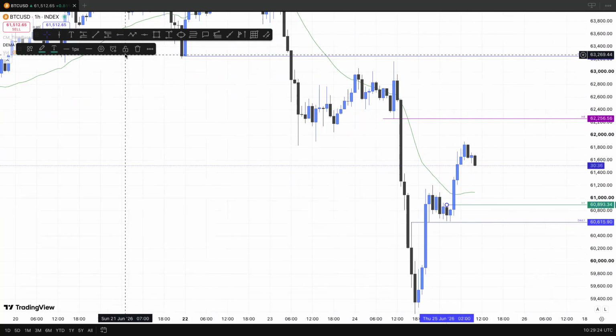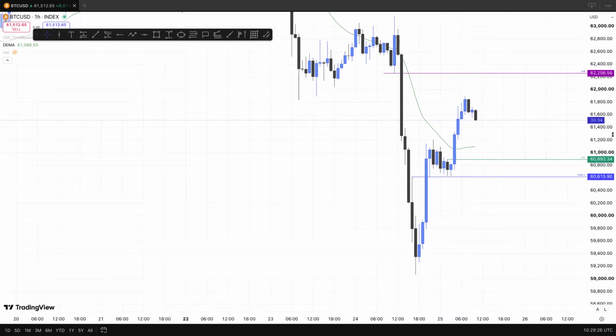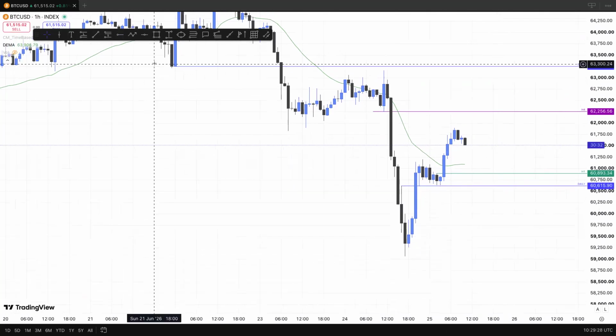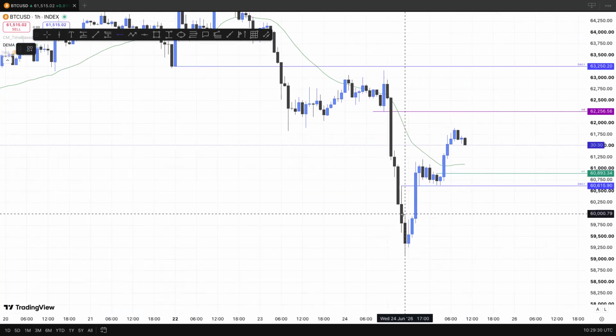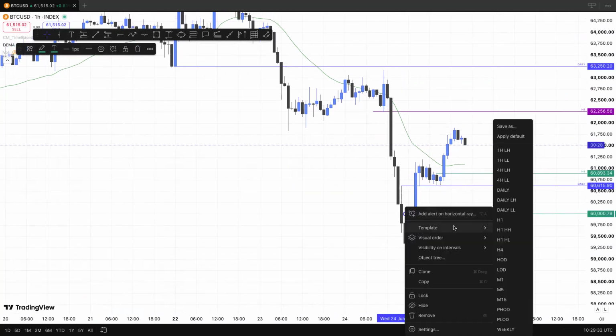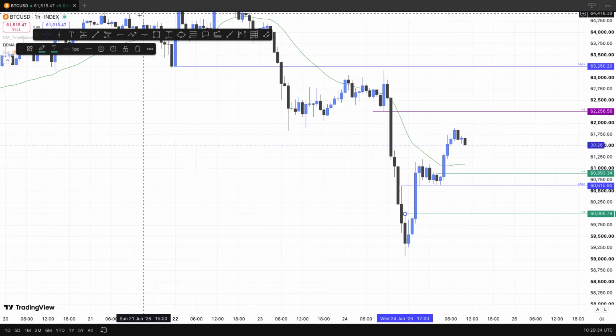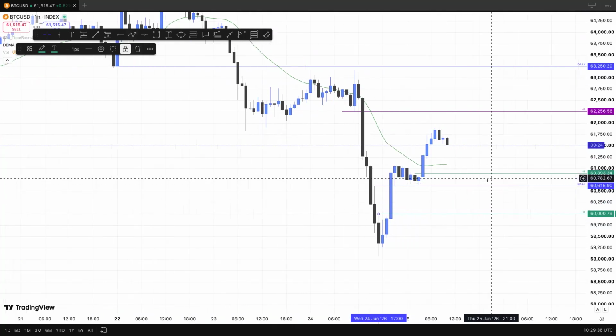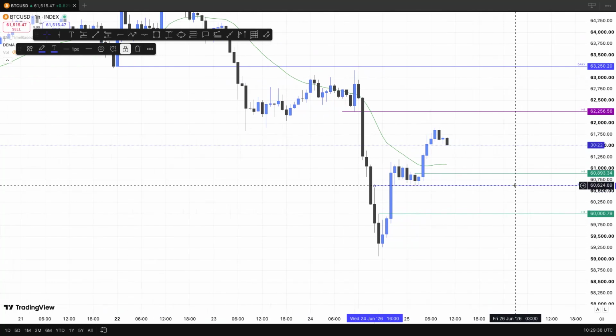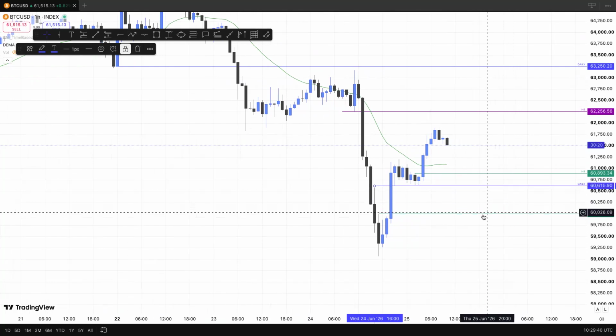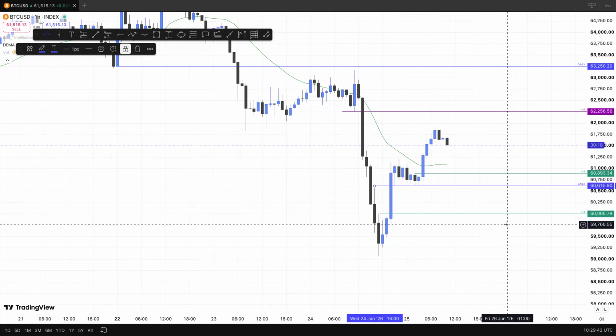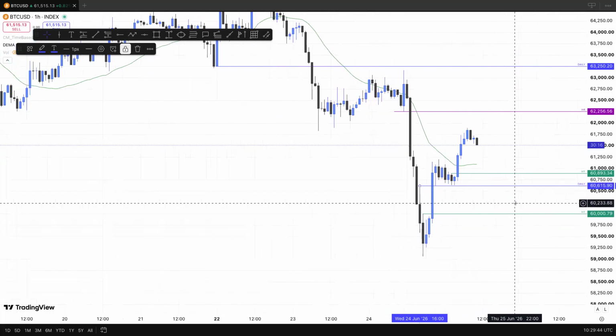So if price invalidates this demand, there's nothing stopping price to this demand right here, okay? And that will actually mean that we'll be invalidating this daily demand also.